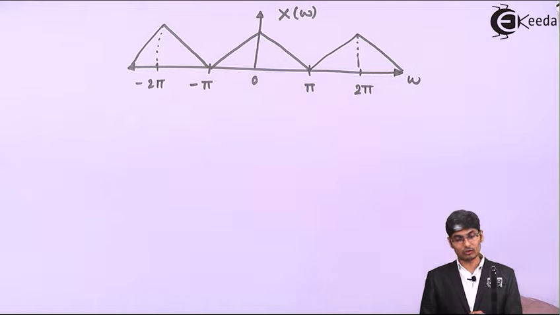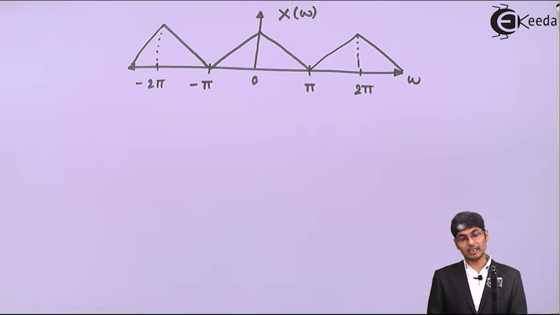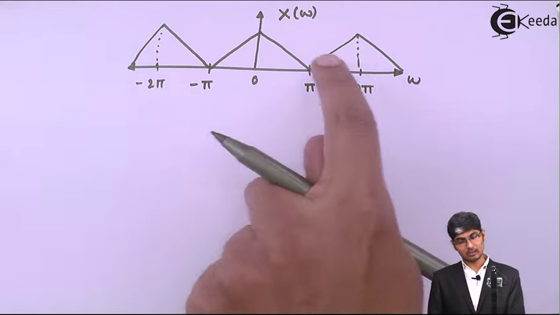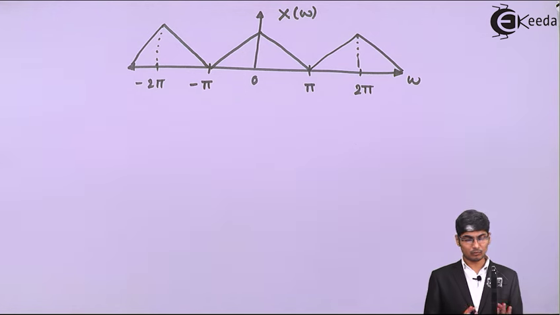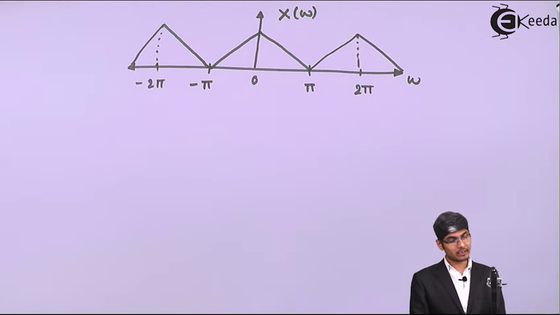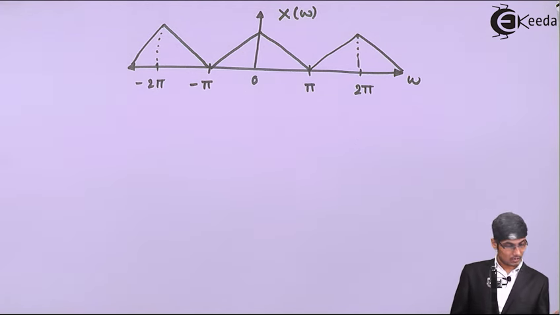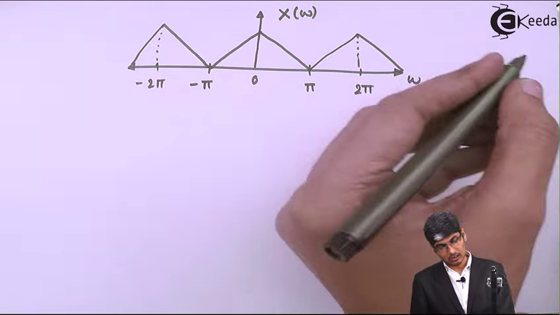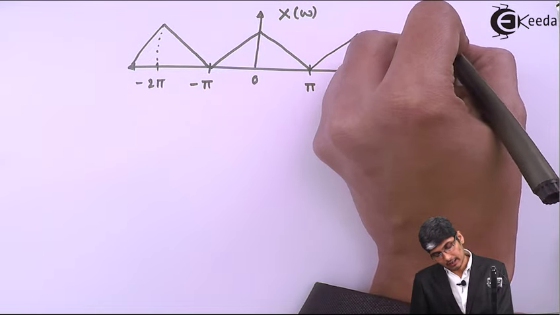So the spectrum I have drawn, which is obtained by doing the DTFT, and due to sampling, has a periodicity of 2 pi. Now what did I do? I downsampled. So let's say this was my omega x.